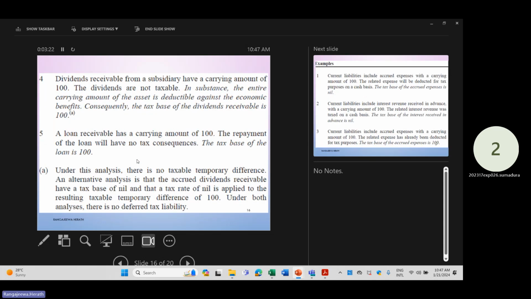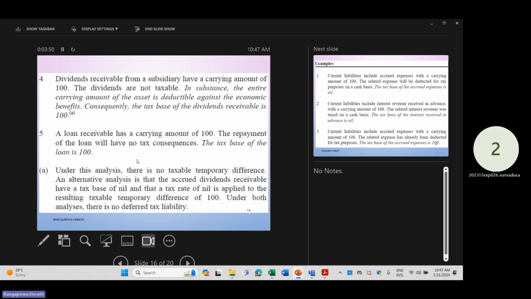Dividend receivable from a subsidiary having a carrying amount 100. Dividends are not taxable. There are two options to determine this. Since the dividend is not taxable, the accounting profit and tax profit vary, but this difference is permanent in nature.